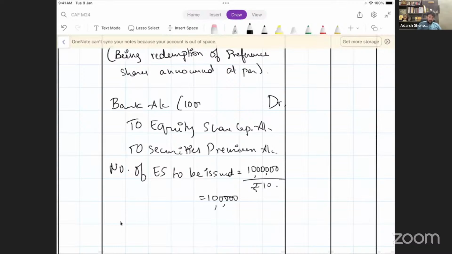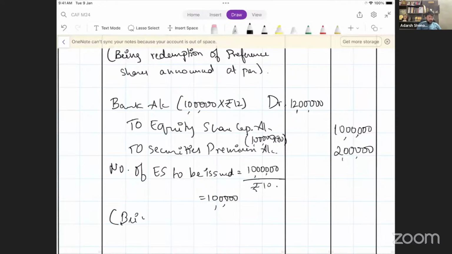The total 1 lakh shares into issue price is rupees 12. So 12 lakhs. Face value is credited to equity share capital account, which is 1 lakh into rupees 10, 10 lakhs, and this is 2 lakhs premium, 2 rupees.